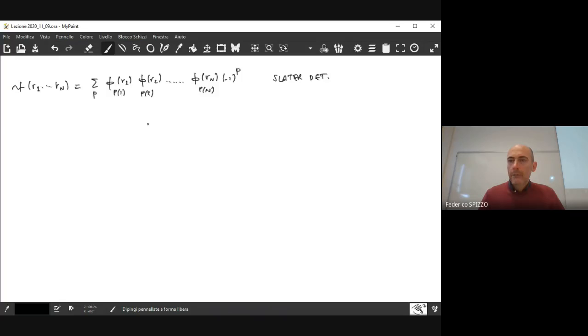What we need to evaluate now is the normalization coefficient that we may assign to this Slater determinant. So we may just check whether this wave function is normalized to 1 or not.